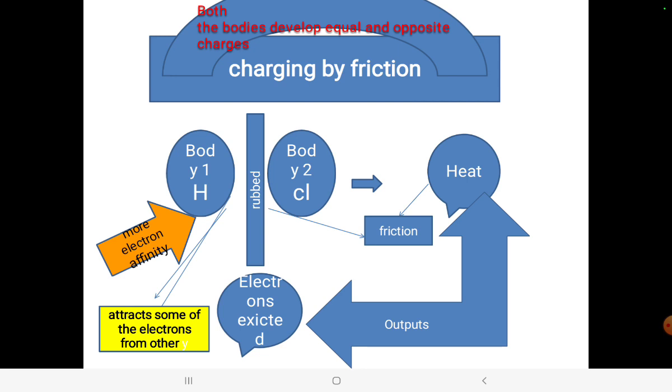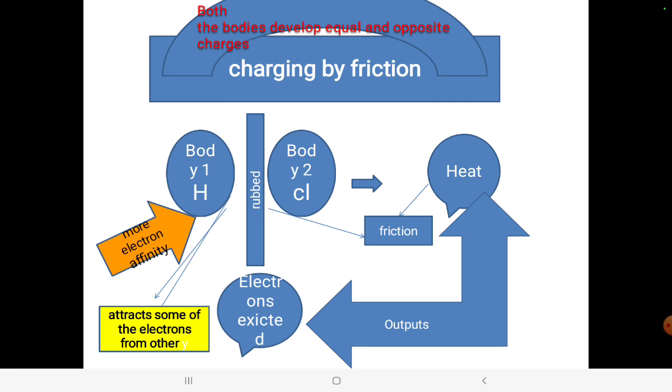So these electrons will form some bonding with the ions in the paper, so that both get transferred, so that the charge develops, and it attracts the pieces of paper.